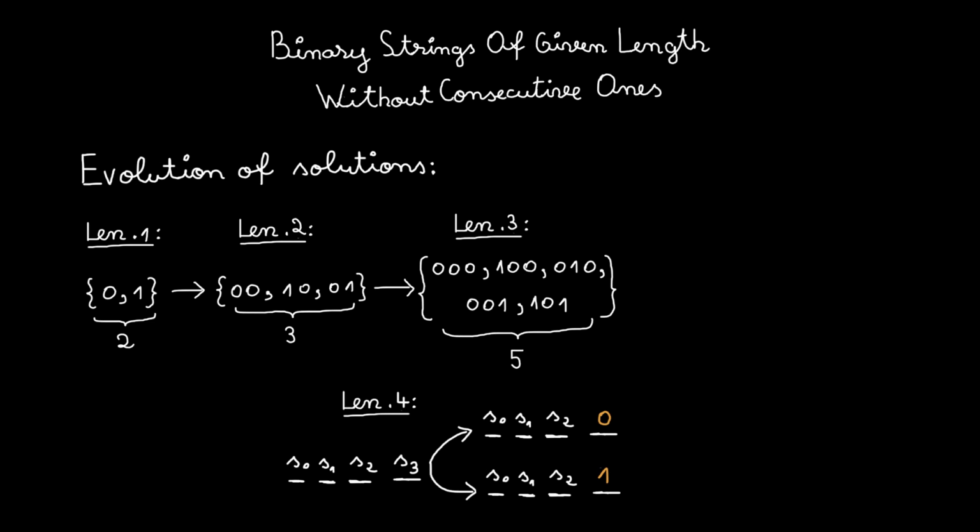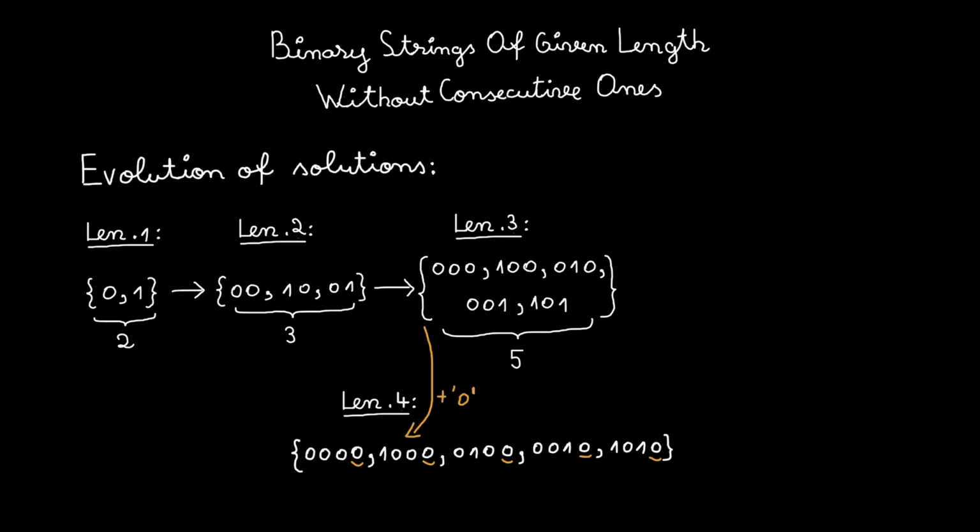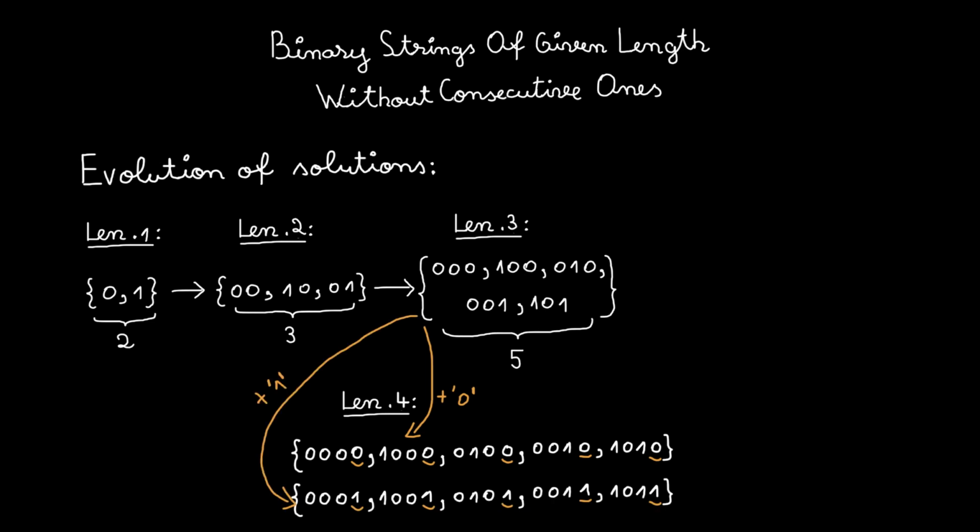Again, if we pick each string from the previous set and insert the character 0 to its end, and then pick each string from the previous set and insert the character 1 to its end, you will notice that 2 strings from the second set are bad. And you already know why this happens.